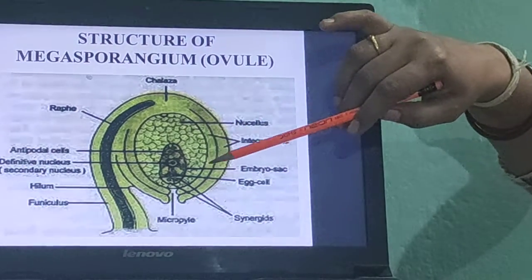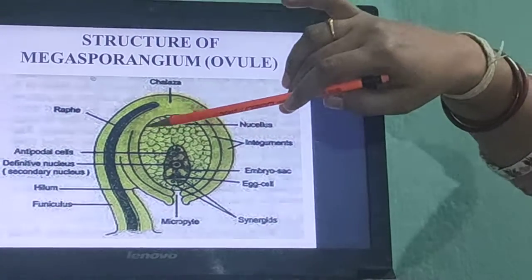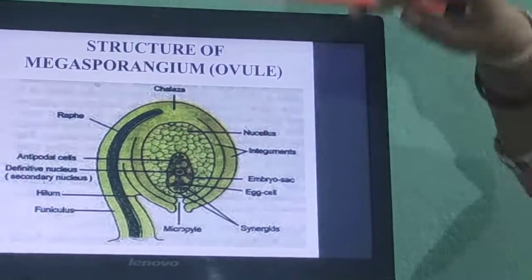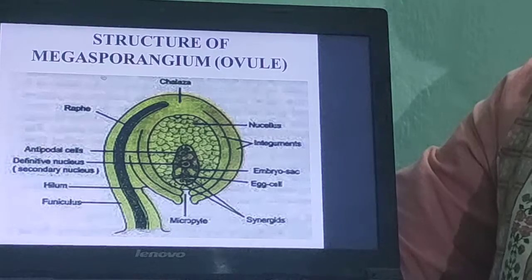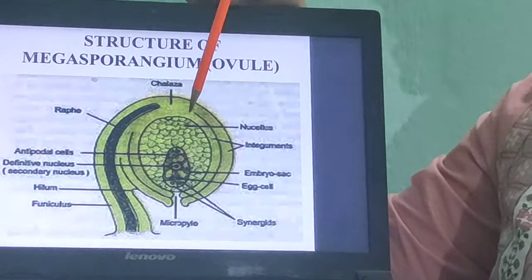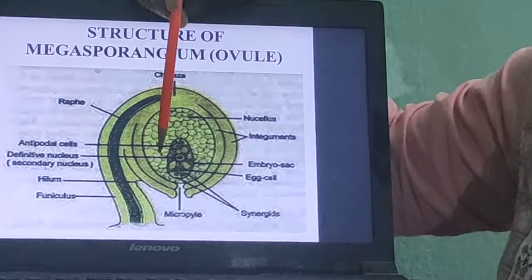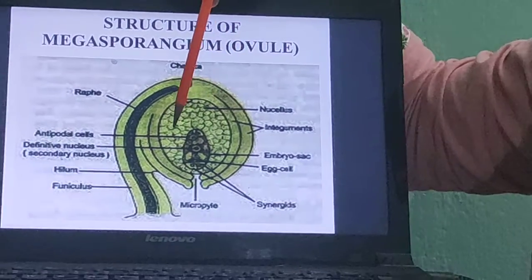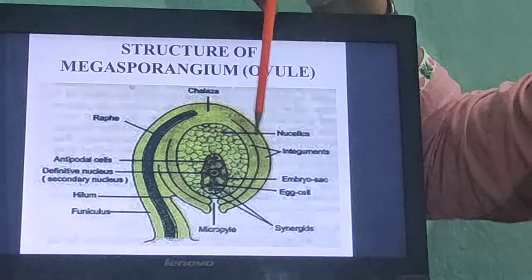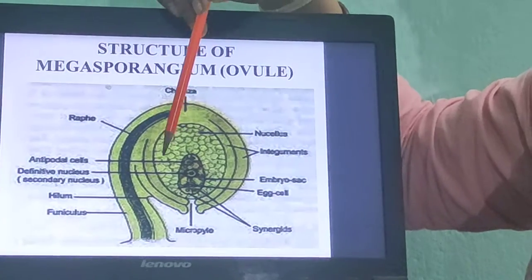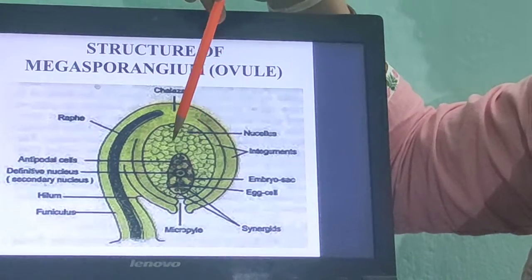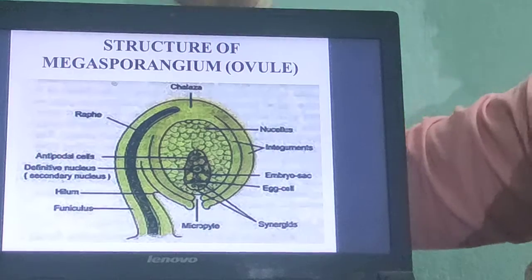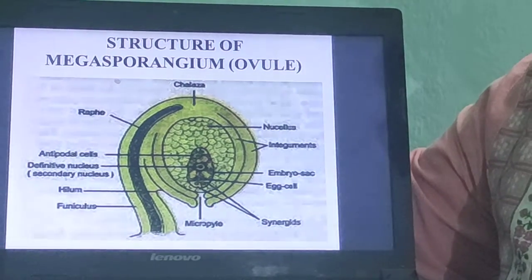Clear? Inside the integument, a mass of tissue is present known as the nucellus. This is the portion which contains a large number of compactly arranged cells. The nucellus remains present under the integuments. Inside the nucellus, the female gametophyte, that is the embryo sac, is present.